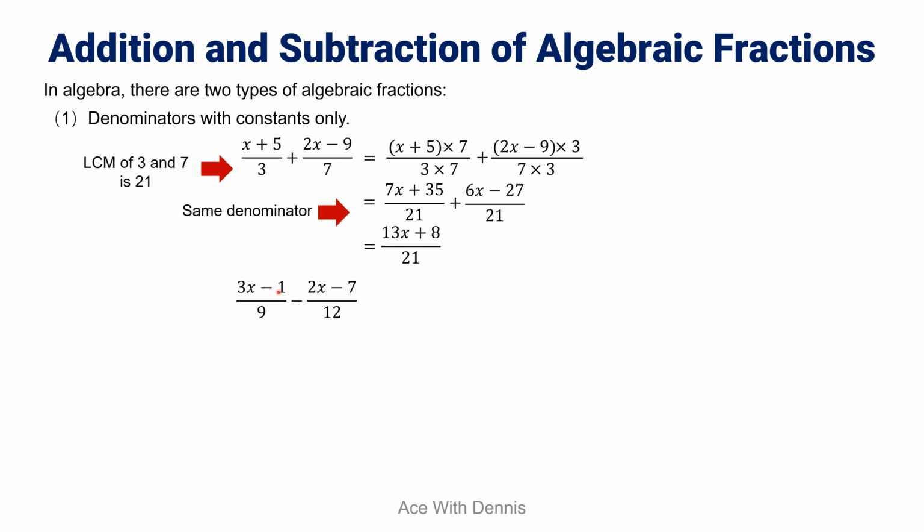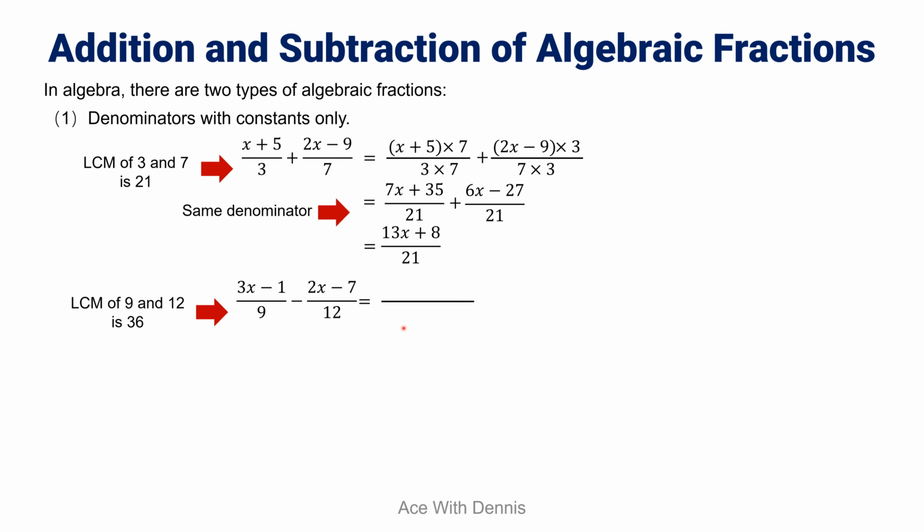Okay, now similar for the subtraction here: 3x minus 1 over 9 minus 2x minus 7 over 12. We have 9 and 12 as the denominators. The LCM of 9 and 12 is 36. So we don't have to multiply these two denominators together like we did for the first example.